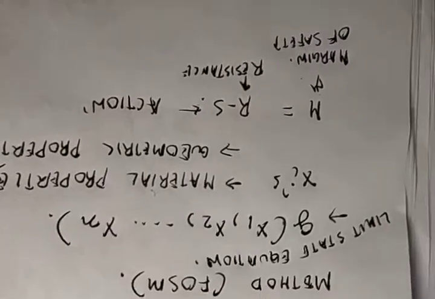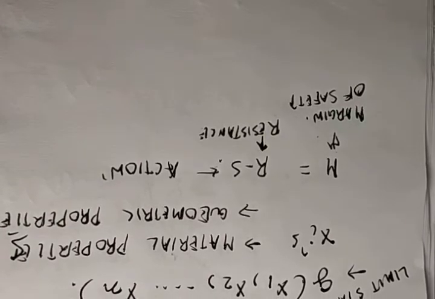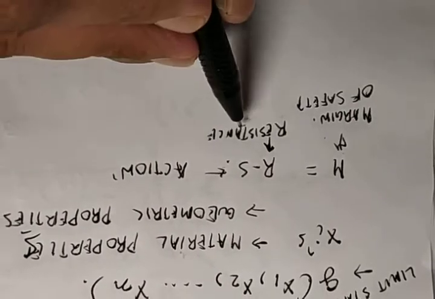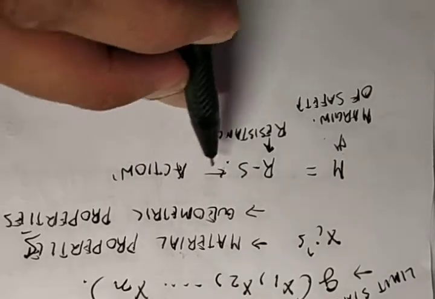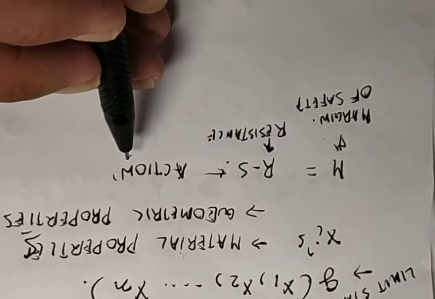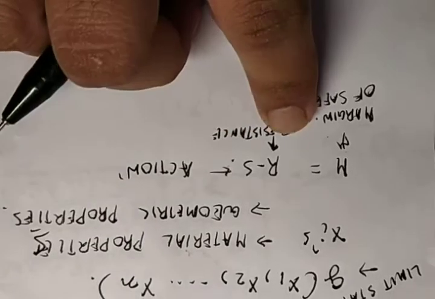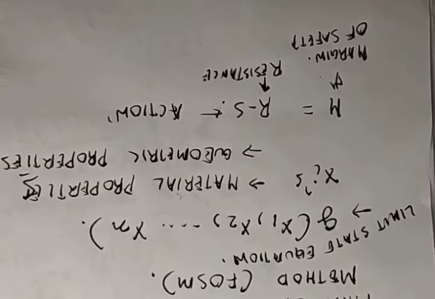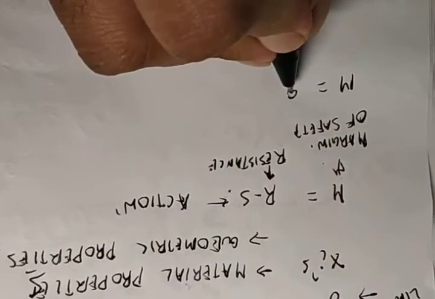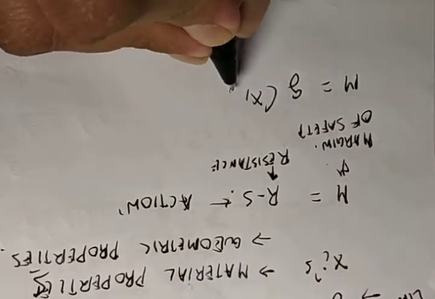So the margin of safety function is equal to R minus S. R is my resistance and S is my action. This margin of safety function is the same as my limit state equation. So this M is equal to g(x1, x2, ..., xn).